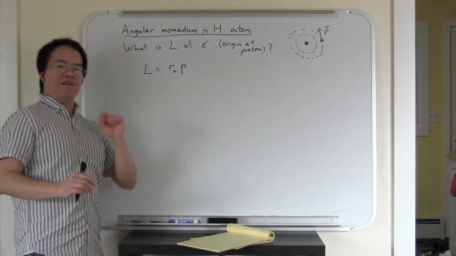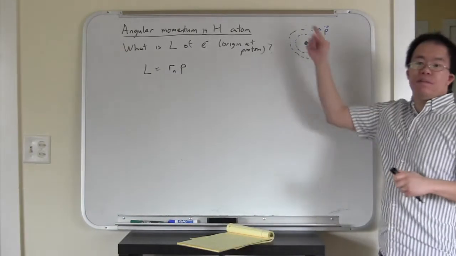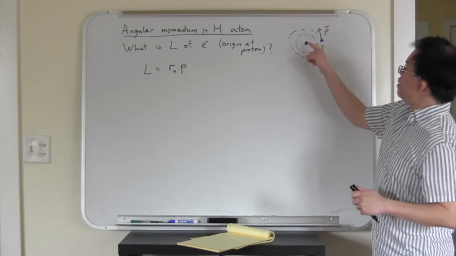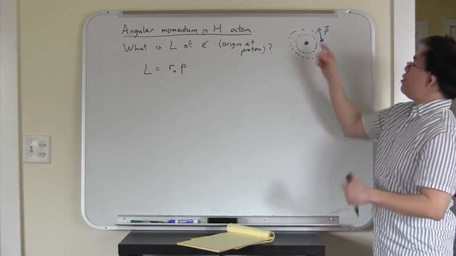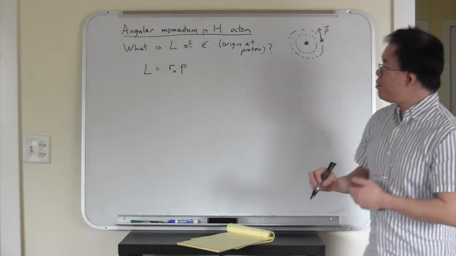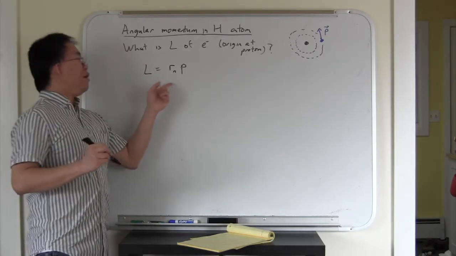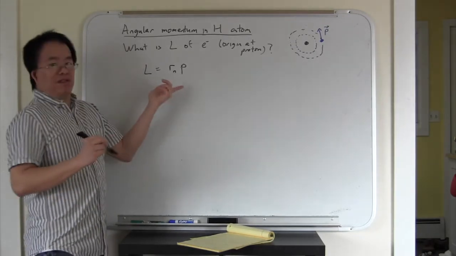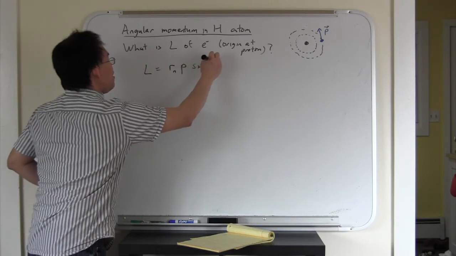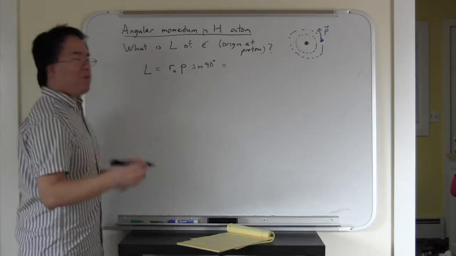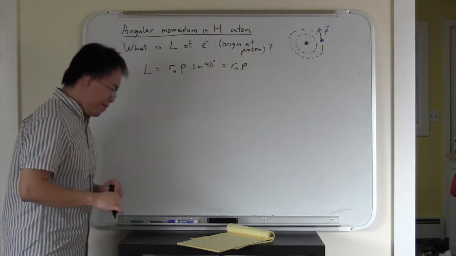But notice that for circular motion, the electron's momentum is always tangential, and it's going to be perpendicular to the radius vector from the origin. So the angular momentum is going to be just the magnitude of the r vector, which is r sub n, times the magnitude of my momentum times sine of 90, which is 1, or just r sub n times p.